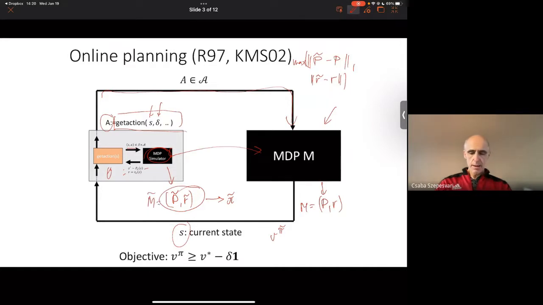Maybe what happens is that this is a good policy in M tilde, so in M tilde it satisfies this requirement, right? Then the question is whether it's going to have some good properties in the original MDP.